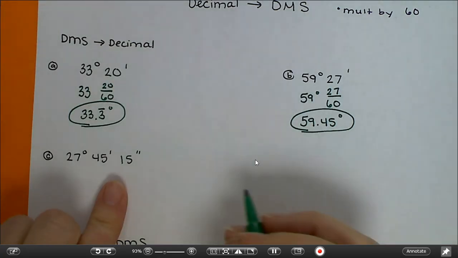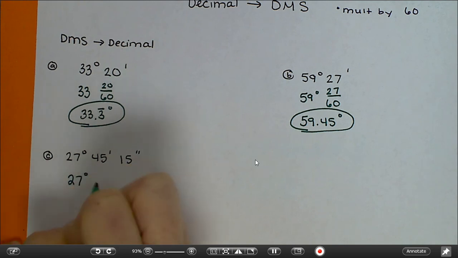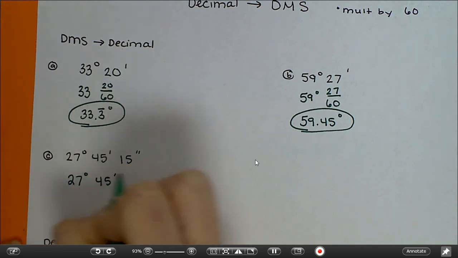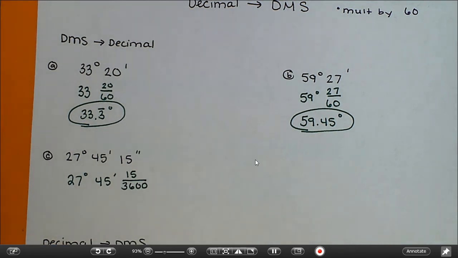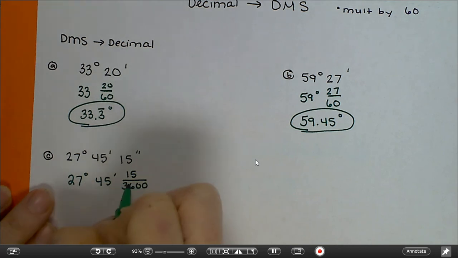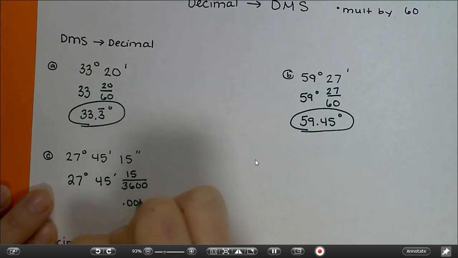This one has some seconds, so let's look at how that works. We have 27 degrees, 45 minutes, and 15 over 3,600. So 15 over 3,600, we would just divide and we get 0.00416.